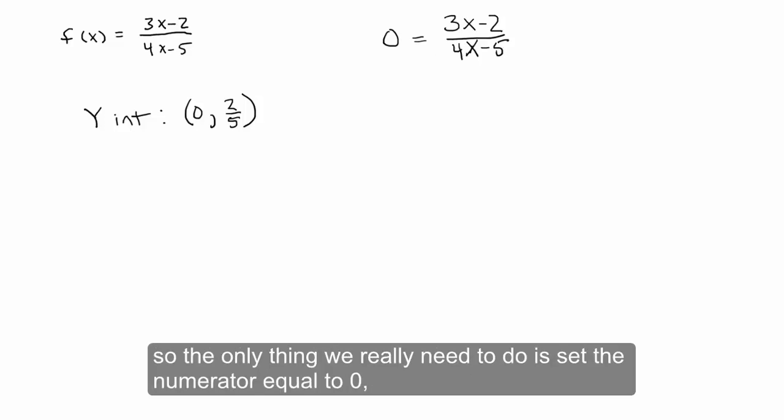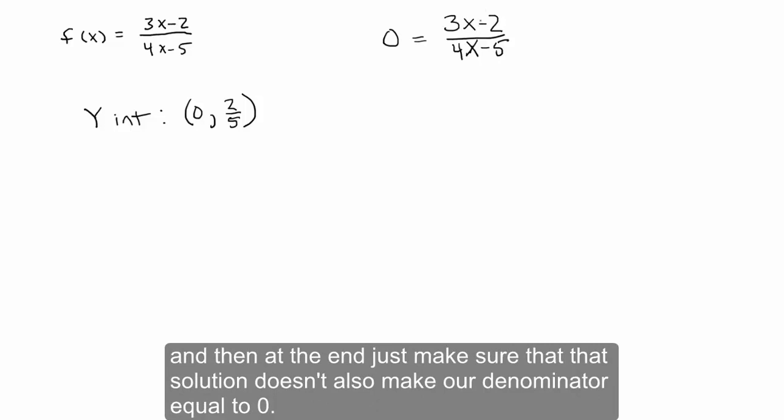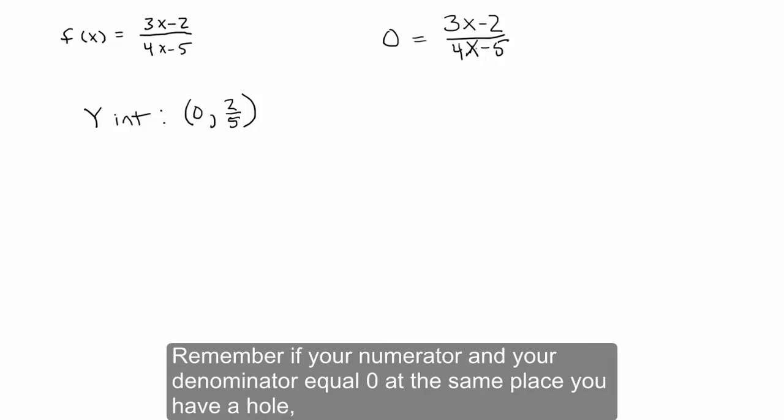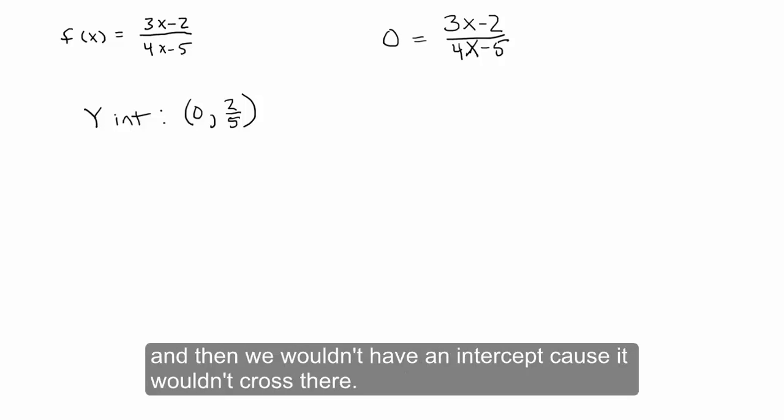So the only thing we really need to do is set the numerator equal to 0, and then at the end just make sure that that solution doesn't also make our denominator equal to 0. Remember, if your numerator and your denominator equal 0 at the same place, you have a hole, and then we wouldn't have an intercept because it wouldn't cross there.